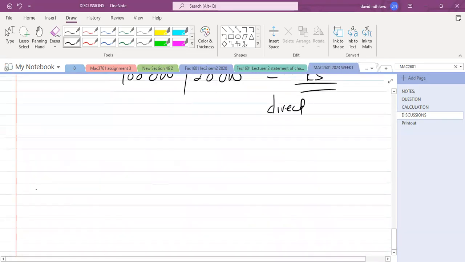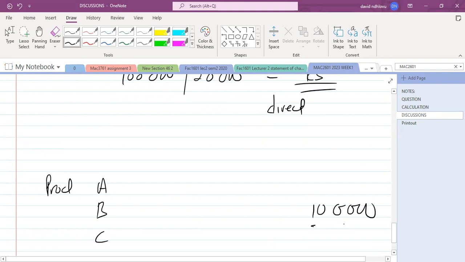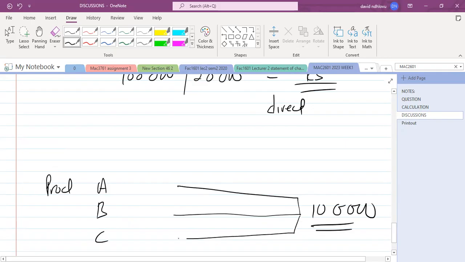Right, but let's say I produce a product A, B, and C. Then I've incurred a cost of 100,000. Now, this here is a shared cost between the three. I need to find a way of splitting this cost between the different products. Perhaps my way of allocating this will allocate 50,000 here, 30,000 there, and 20,000 here.